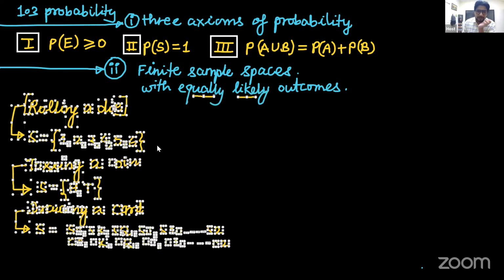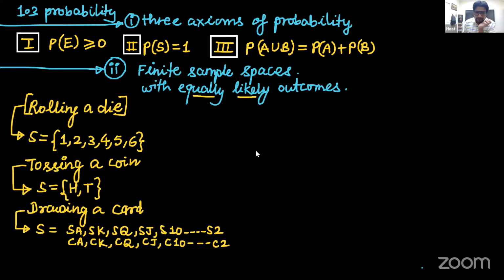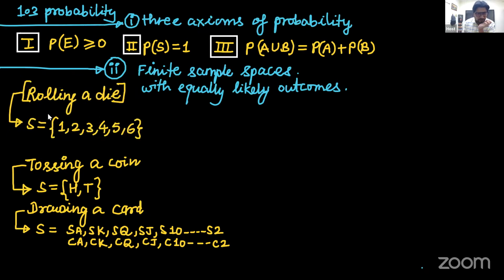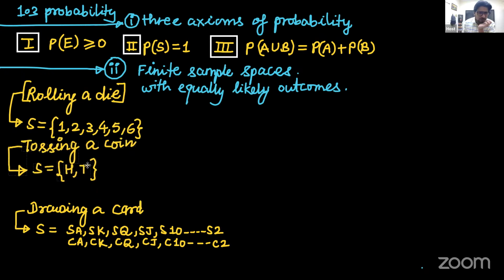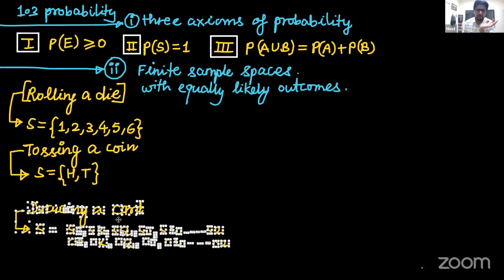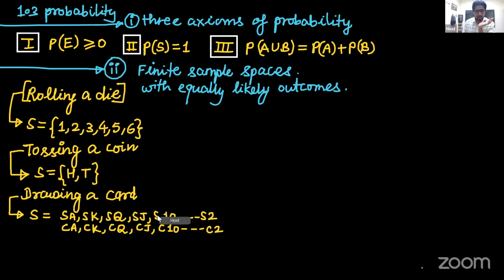So rolling a die is an example of a finite sample space with equally likely outcomes. Similarly, tossing a coin is again an example of a finite sample space with equally likely outcomes. Each outcome has equal chances, so we call it an equally likely outcome.